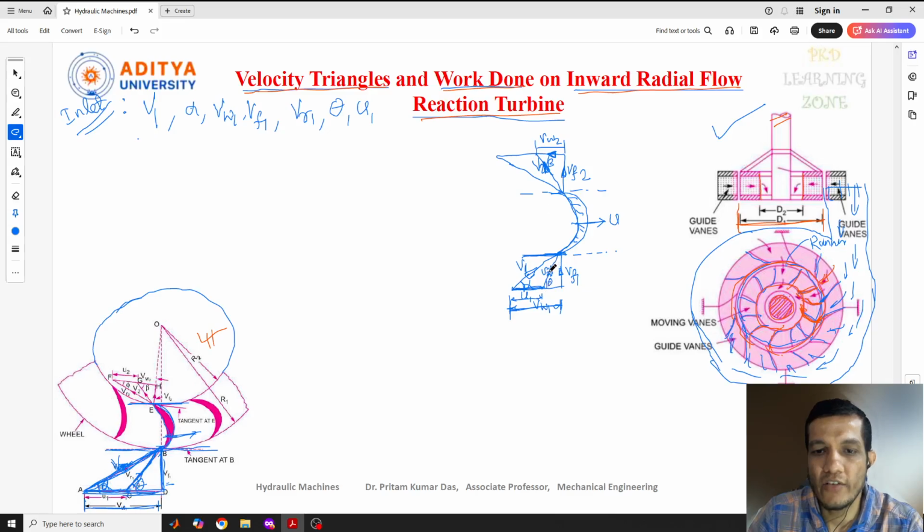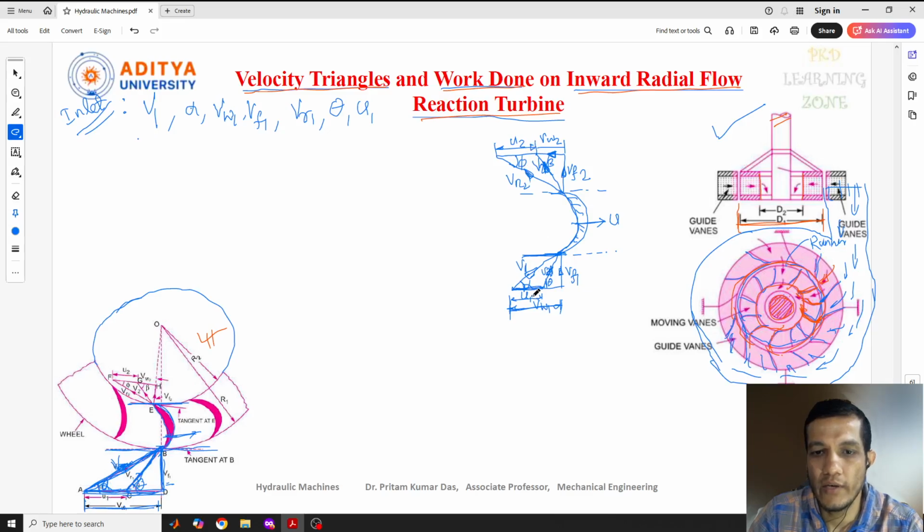Similarly, the relative velocity which came in with respect to theta will come out at the outlet condition here. We give this VR2, and it makes an angle of phi here. The velocity is given here: this is U2.